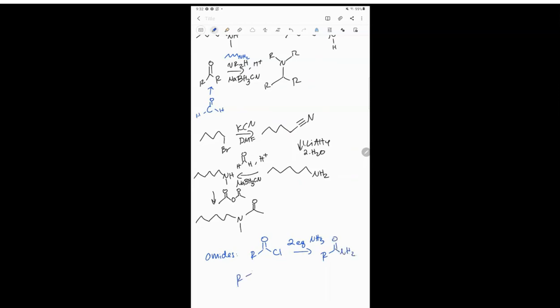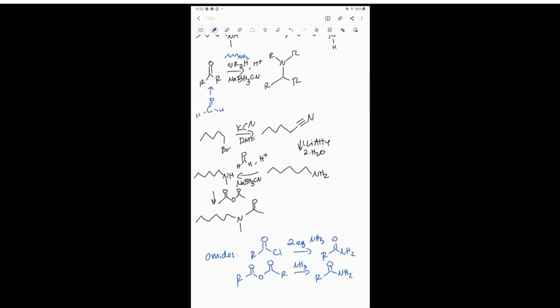Or if you use the anhydride, you do not need two equivalents. You would just make your amide. So there's not really a name for it per se. It's just our way of putting on our acyl group.